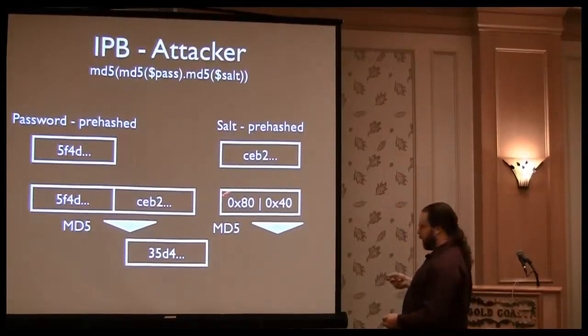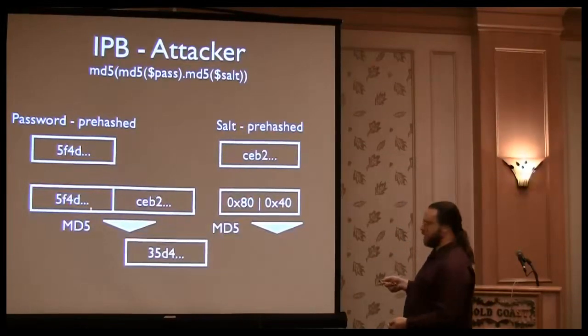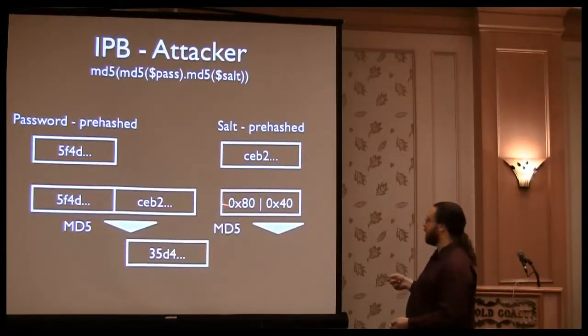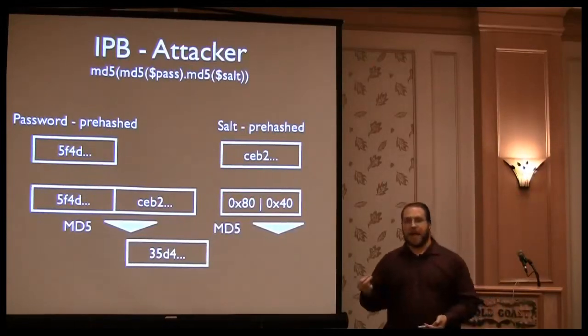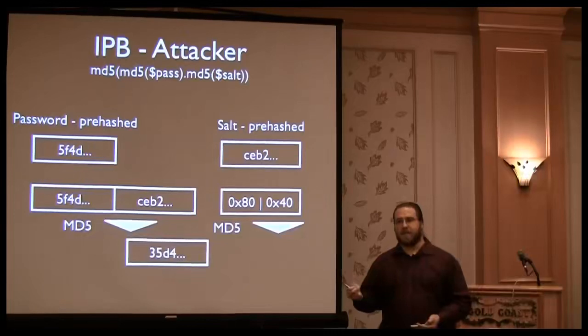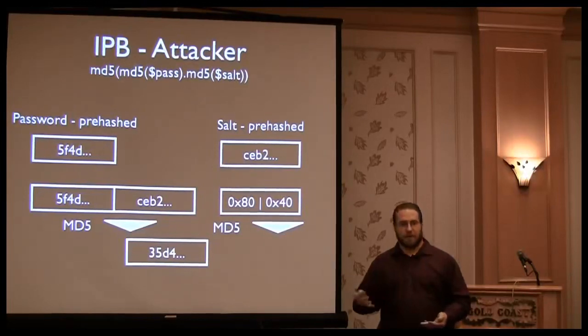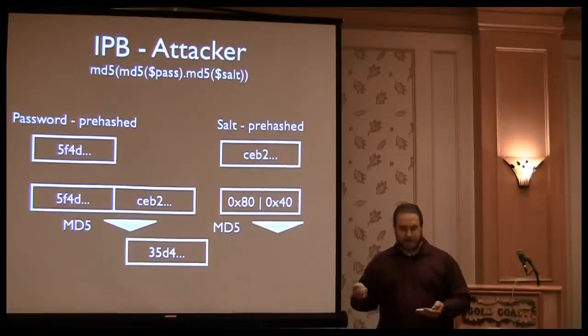The second block, because they've managed to entirely fill the first MD5 block, contains entirely static data. It contains a padding bit and the length, which is always going to be constant. So you can actually skip some of the work on that block and not have to do a full MD5 block.